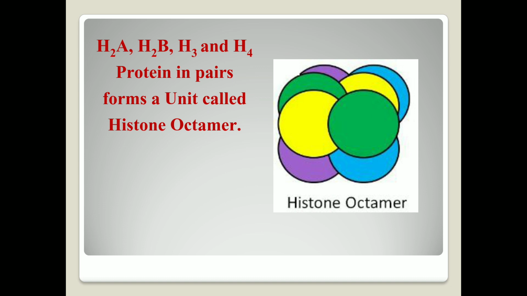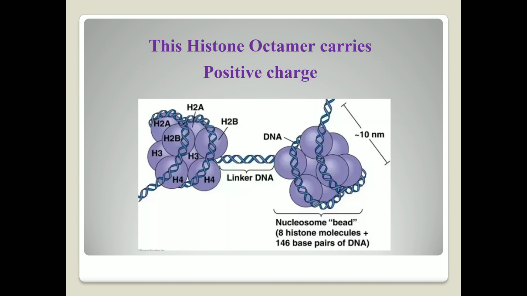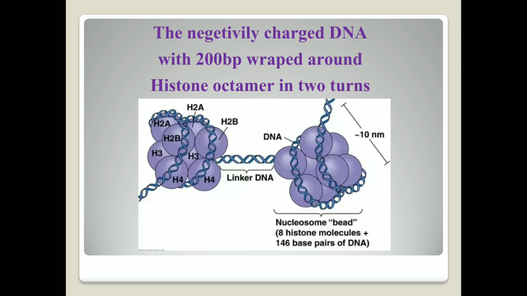These H2A, H2B, H3 and H4 proteins in pairs become one unit. It is called the histone octamer. This histone octamer is also called the nucleosome core. These histone octamers generally carry positive charge, and the negatively charged DNA of 200 base pairs is wrapped or coiled around the histone octamer in two turns.